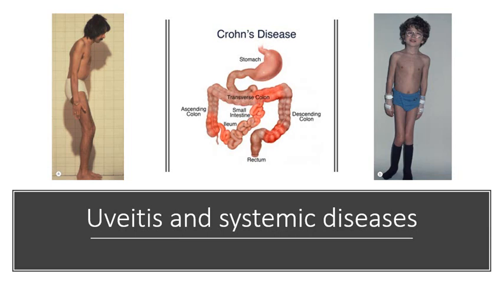The other type of systemic disorder where you can have an associated uveitis is juvenile idiopathic arthritis. Now, this is different from juvenile rheumatoid arthritis, and it's an inflammatory arthritis of at least 6 weeks duration before the child turns 16.